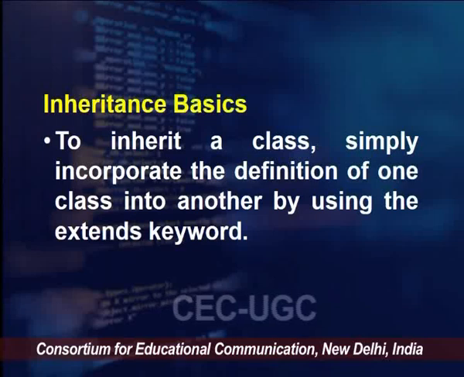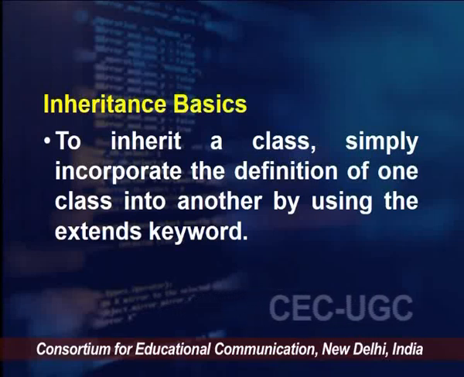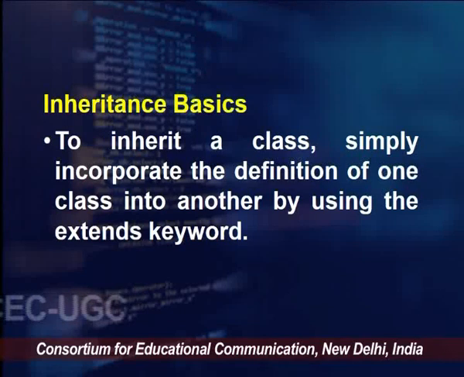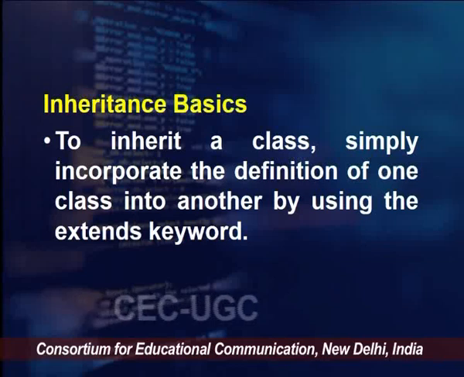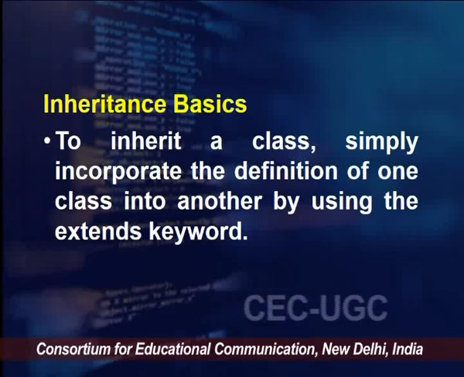And now comes the syntax, that is, how are we going to do this in a program. In order to inherit a class, we need to simply incorporate the definition of one class into another, and this can be easily done by using a keyword. That keyword is nothing but extends.